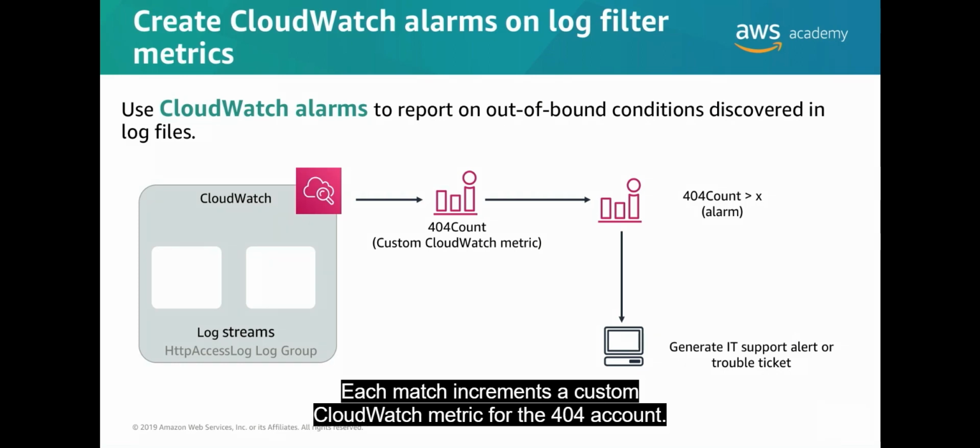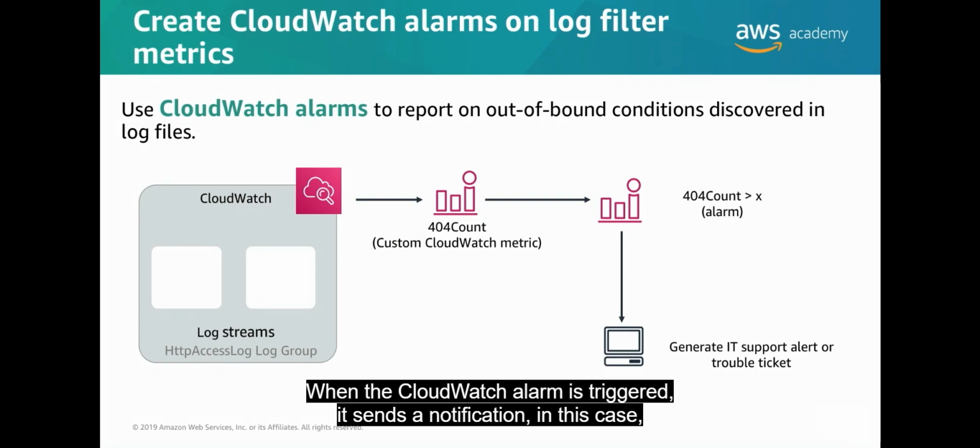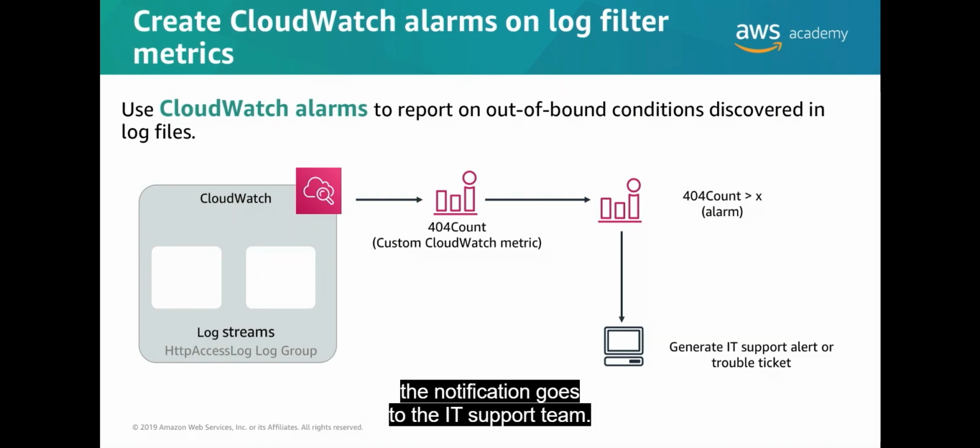Each match increments a custom CloudWatch metric for the 404 count. The administrator can use that metric to trigger a CloudWatch alarm anytime the 404 count exceeds a specified value. When the CloudWatch alarm is triggered, it sends a notification. In this case, the notification goes to the IT support team.